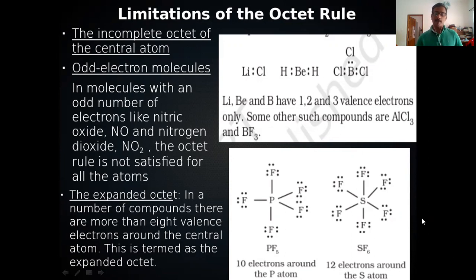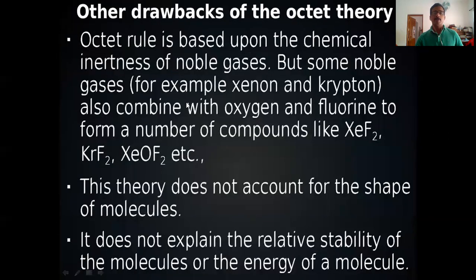There are many other drawbacks. Which are the other drawbacks? The octet rule is based on the inertness of noble gases. But now we know some noble gases react to form compounds.